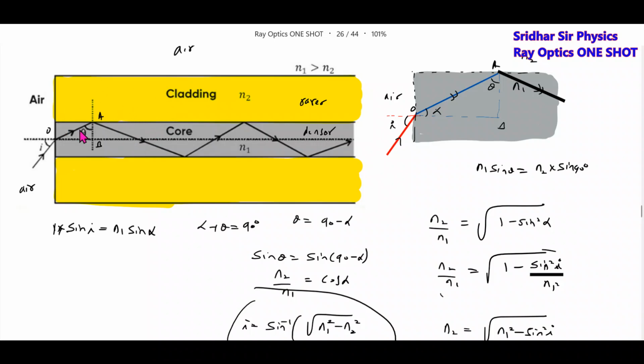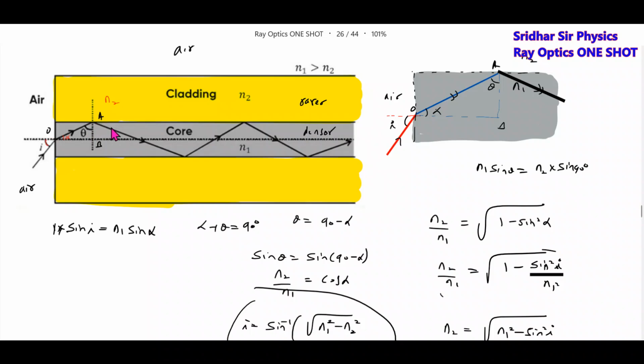With a fiber optic cable, here the ray of light is incident and will undergo refraction. Let the angle of incidence here be i, and the angle of refraction be alpha. Then the ray will be incident here. The refractive index of the core, let it be N1, and the refractive index of the cladding, let it be N2. The ray here will undergo TIR if the angle of incidence is greater than or equal to the critical angle.